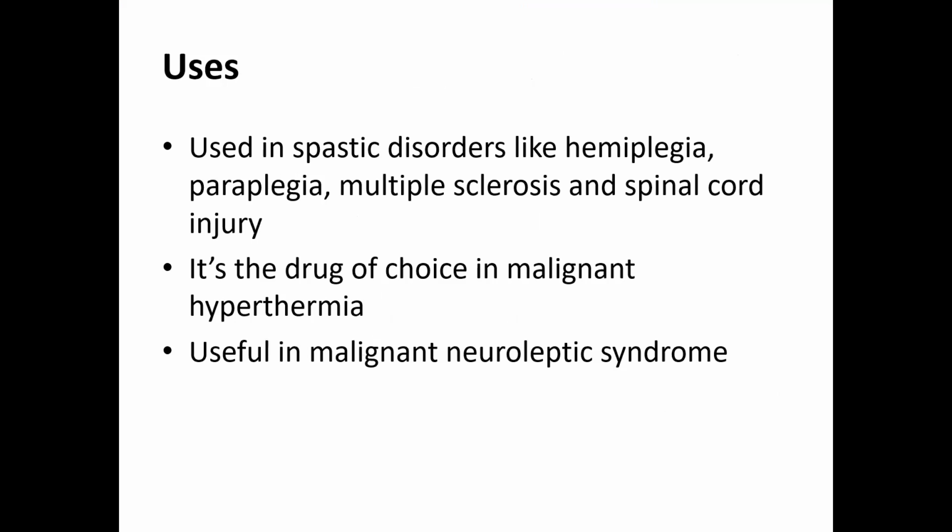The uses of dantrolene are in spastic disorders like hemiplegia, paraplegia, multiple sclerosis, and spinal cord injury. It is the drug of choice in malignant hyperthermia. It is useful in neuroleptic malignant syndrome.